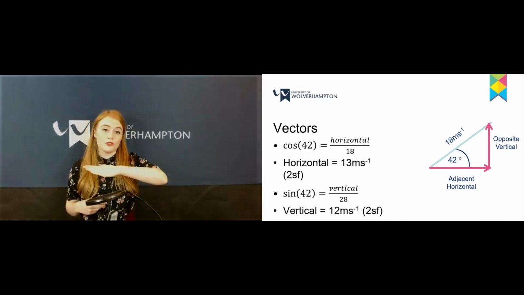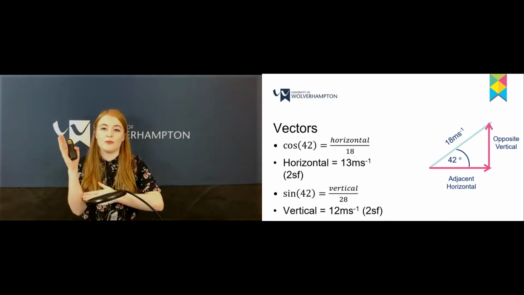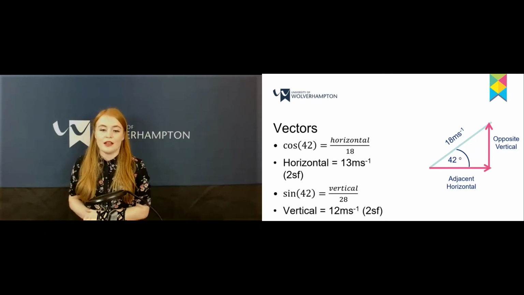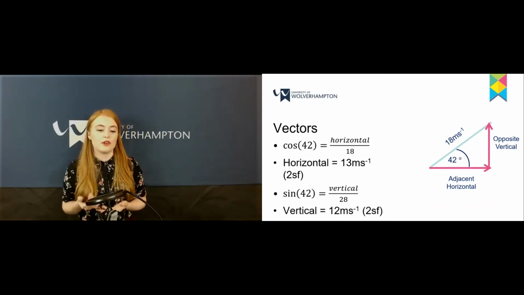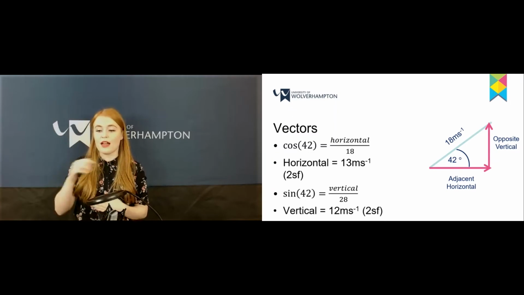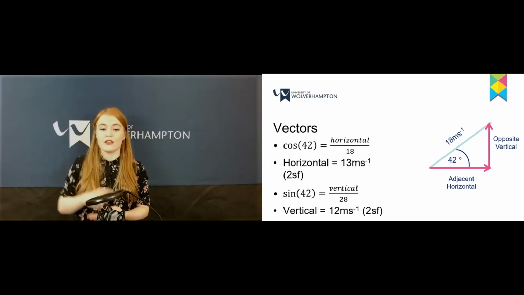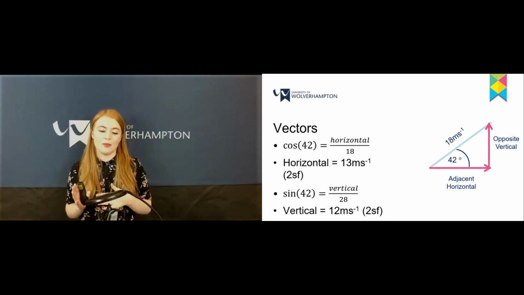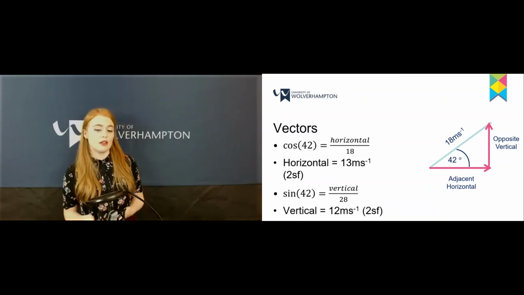The horizontal component and the vertical component makes this into a nice right-angled triangle. Okay, so when we want to calculate the horizontal, we have the angle, the hypotenuse, and the adjacent. So we use cos. And when we want to find out the vertical, we have the opposite and the hypotenuse and the angle, so we use sine.